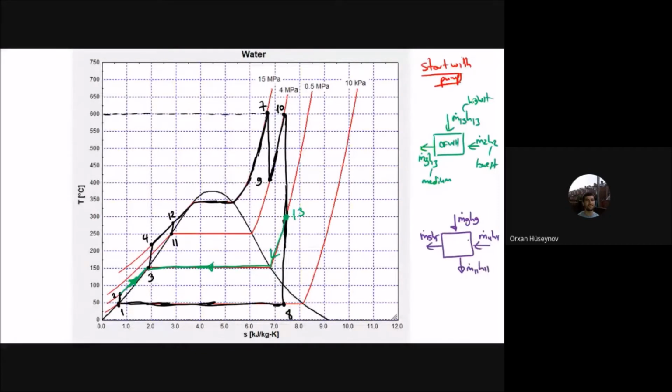Okay, this one has the maximum enthalpy, and this one has the minimum enthalpy, and the enthalpy of this one increases from 4 to 5, and this is the first configuration here.